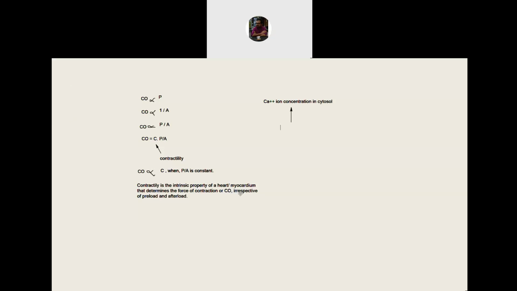So, this depends on the cyclic AMP level. In the cardiac tissue, cyclic AMP level increases when beta adrenergic receptor is stimulated. So, it depends on stimulation of beta 1 receptor. And therefore, it also depends on autonomic or sympathetic innervation.